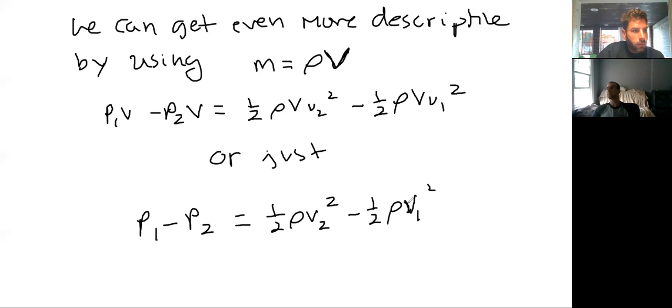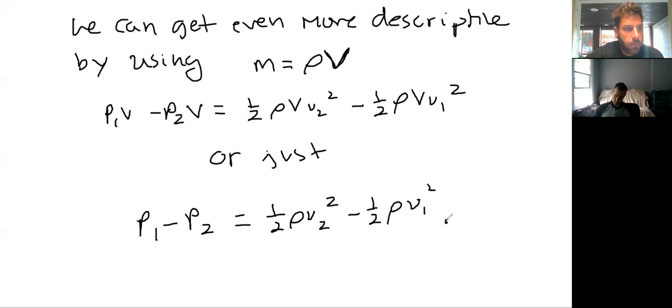So these are lowercase v's. These are my speeds. I'm getting sloppy, I apologize. Let me try to be more distinctive. So this is an extremely useful formula.